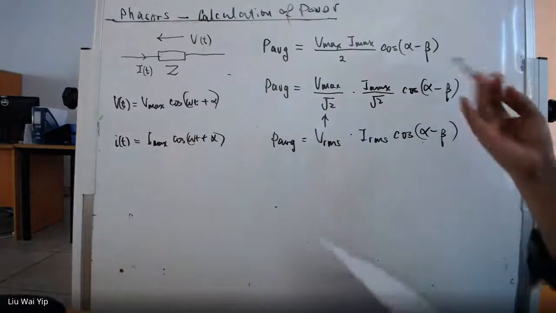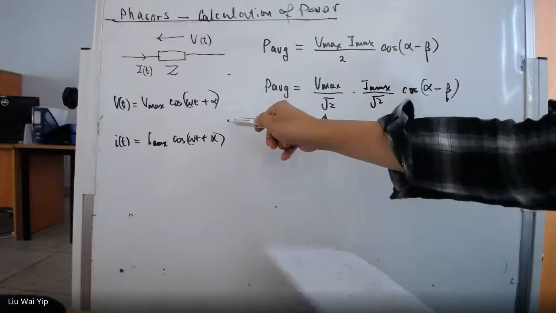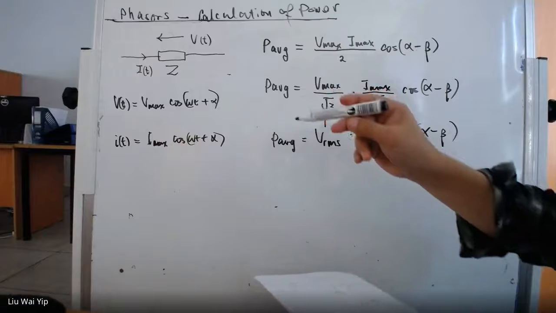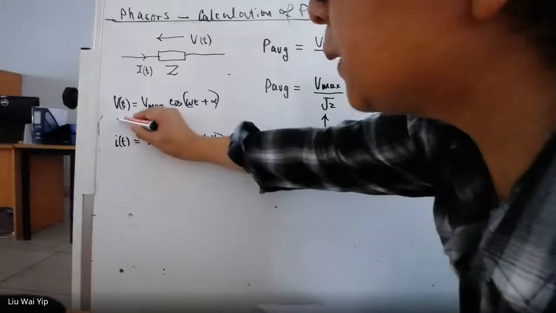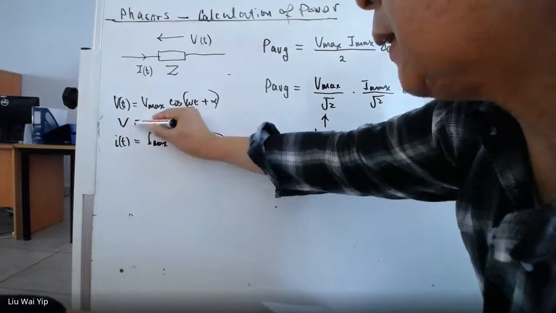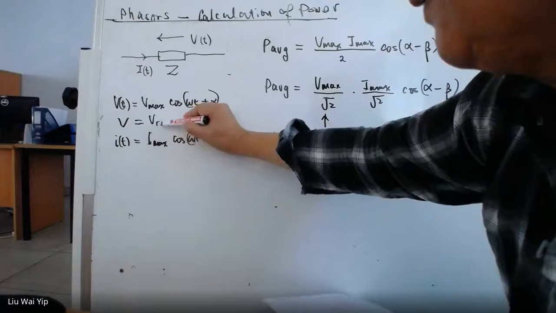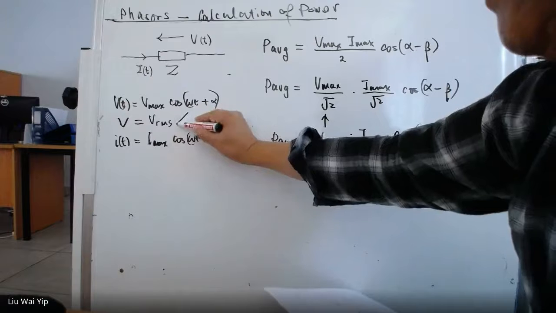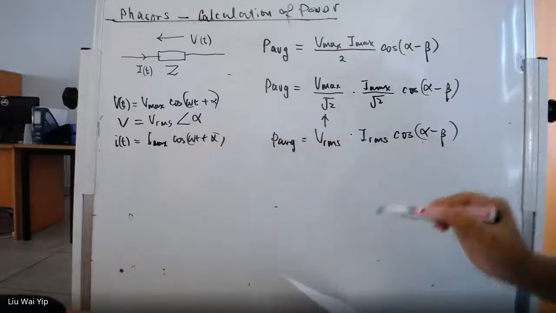And we have already learned that in order to turn this expression into the complex domain and express them as phasors, we define another variable, say V, the RMS value V RMS times the exponential of j alpha.